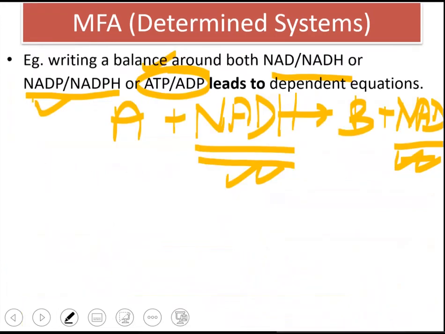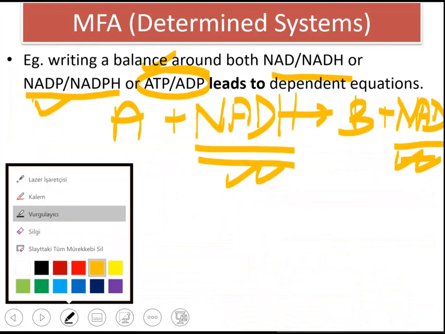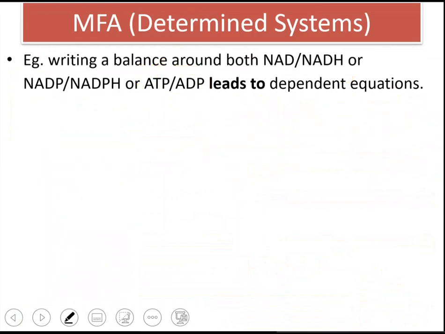But you should be careful not to write separate balances for both NADP, NADPH, or NAD, NADH, or ATP, ADP for a given reaction list.